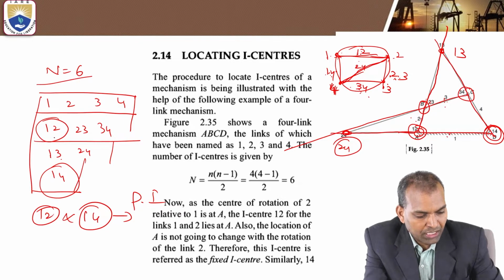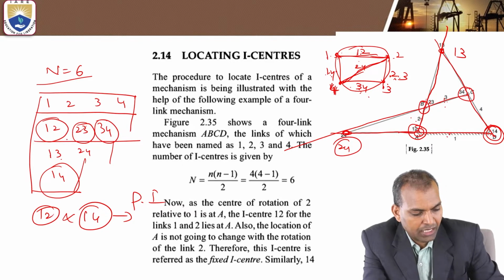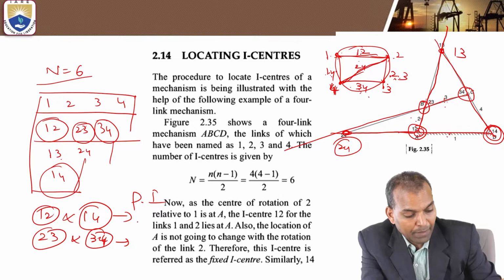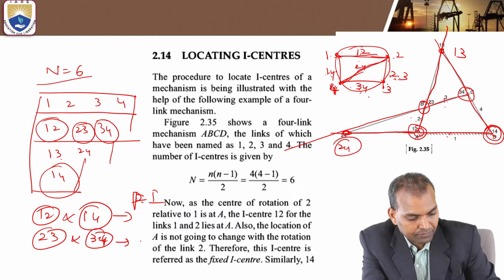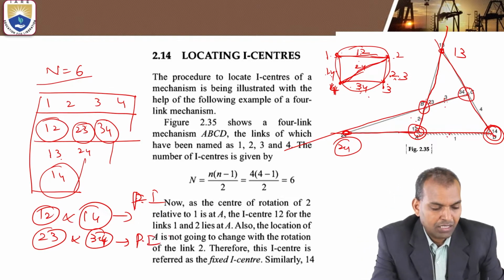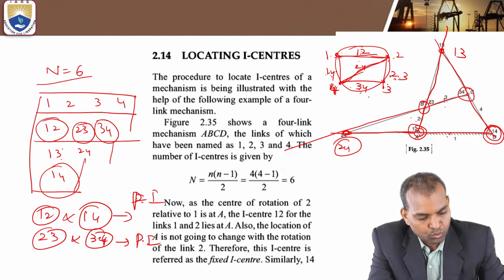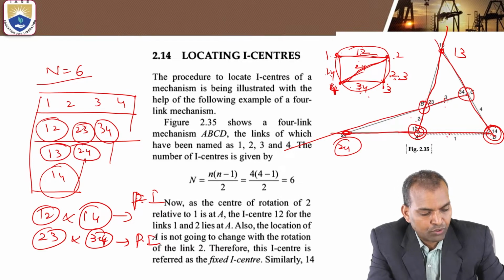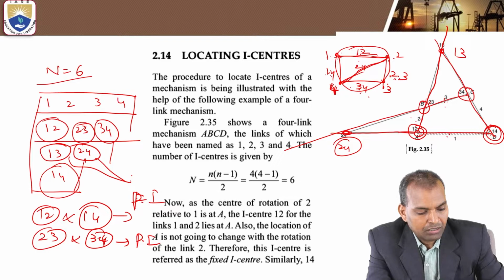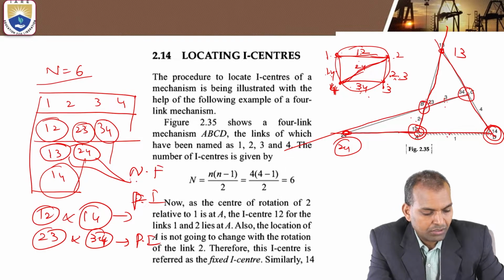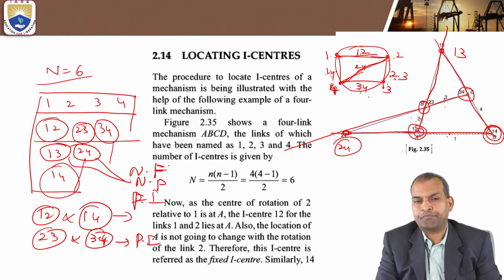Whereas 2 3 and 3 4 are permanent I centers. And the remaining two, what are they? 1 3 and 2 4 are neither fixed nor permanent I centers. That is the meaning.